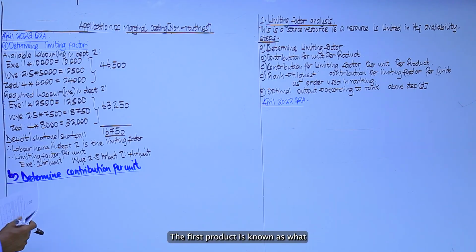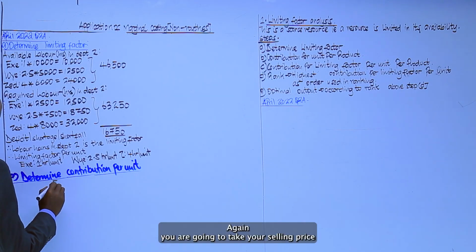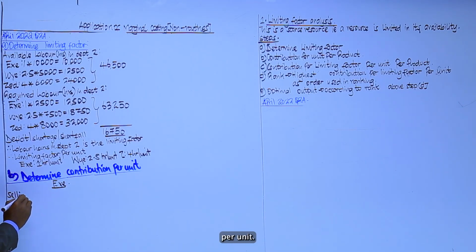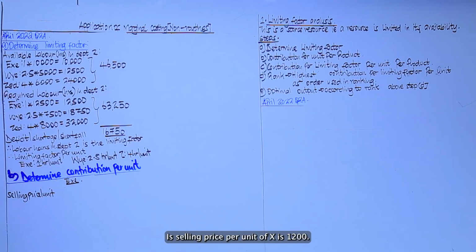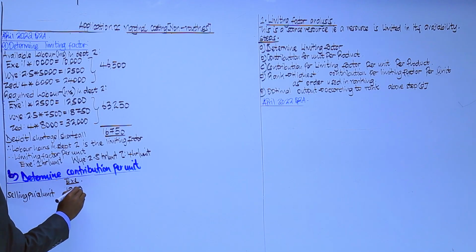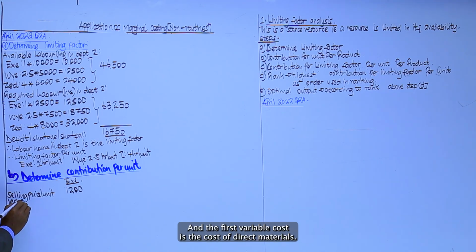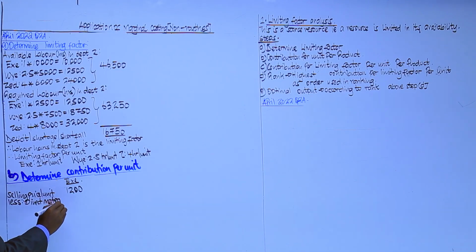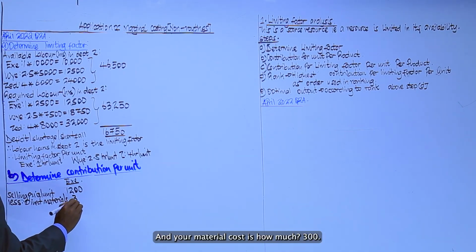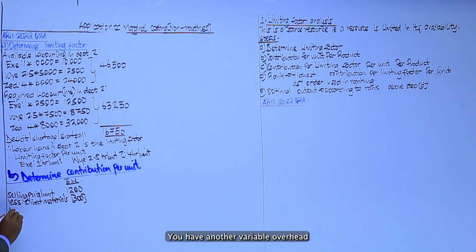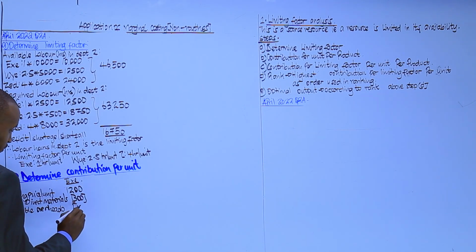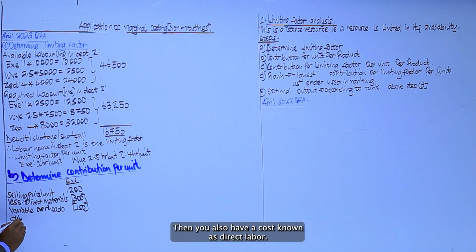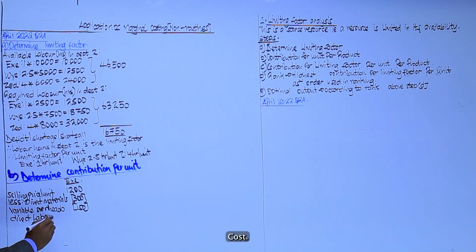The first product is known as X. Again, you're going to take your selling price per unit. Your selling price per unit of X is 1,200. You less your variable cost, and the first variable cost is the cost of direct materials. Your material cost is 300. You have another variable overhead cost, which is 150. Then you also have a cost known as direct labor cost.